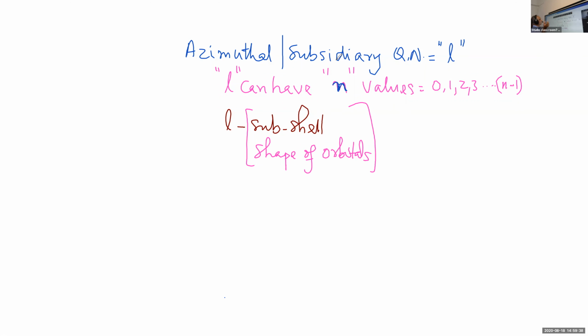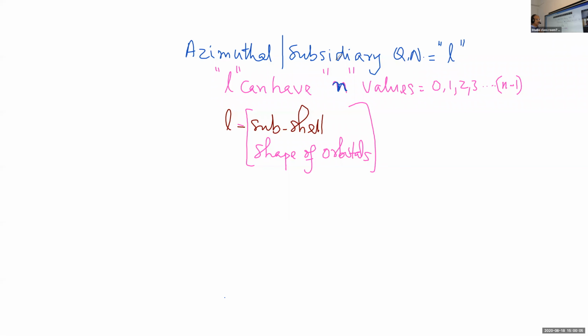You go back to n. n represents the shell, or the orbit. Not only that, it gives an idea regarding the size of the orbital. Now you come to the L value. L represents the subshell.